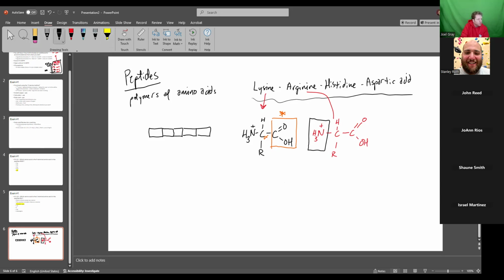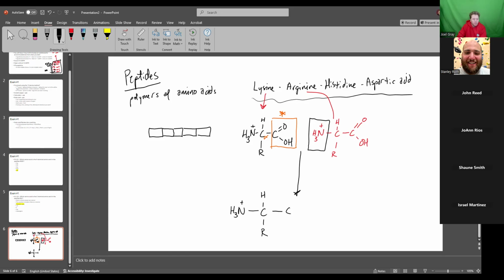And what I'm going to show you is the result from this. What results is, I'm going to draw in black, NH3 plus, CHR. And now I'm drawing my carbon that's on the right-hand side of my lysine, but something's going to change.